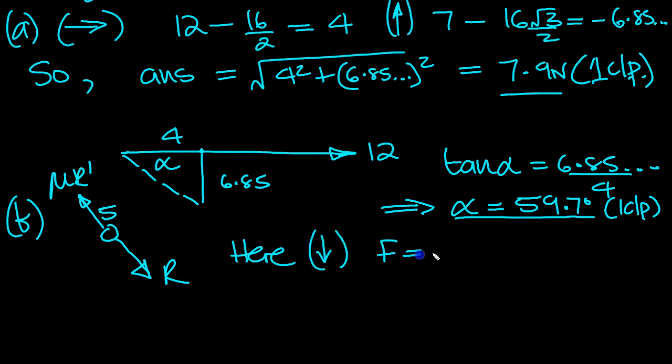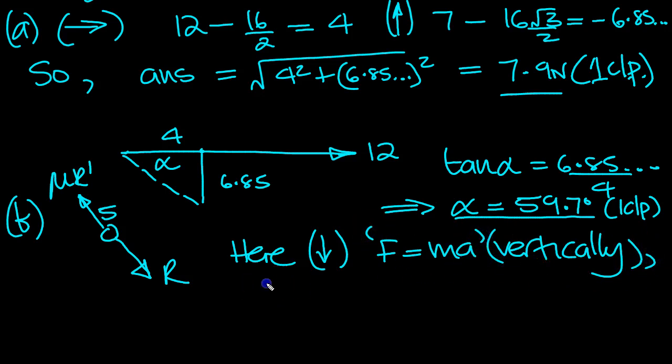F equals ma then. So apply that vertically. What have we got then? R dashed, the reaction off the ground, is equal to mg, which is 5g.